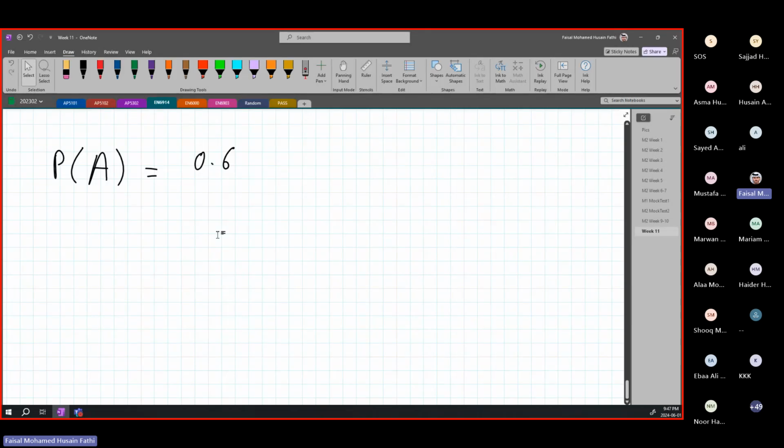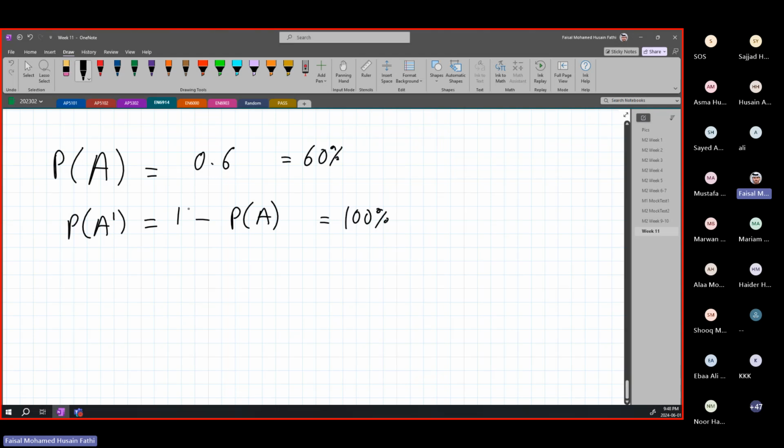However, what will be the chance of me not winning that? It's not going to be 60, it's going to be whatever is remaining, which is 40%. Or in other words, P of me not winning is 1 minus the chance of me winning. Or in percentages, 100% minus 60%, which is equal to 40%.